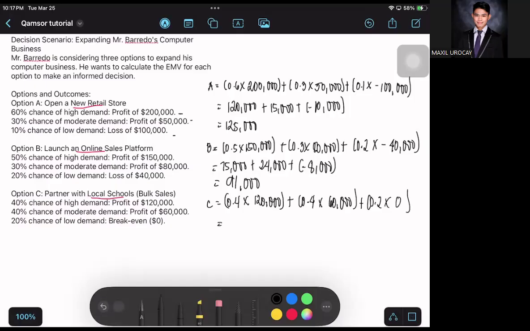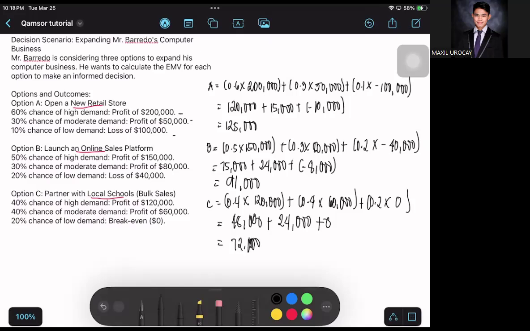So 0.4 times 120,000 is 48,000. Plus 0.4 times 60,000, which is 24,000. Then plus 0, because 0.2 times 0 equals 0. 48,000 plus 24,000 equates to 72,000.